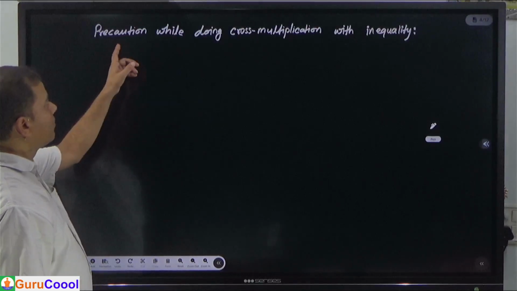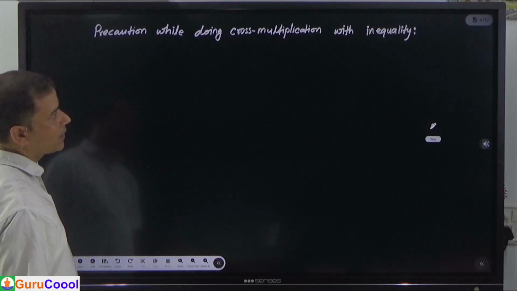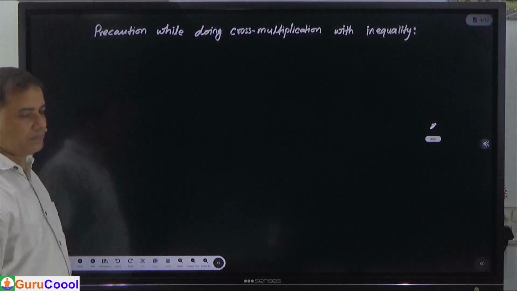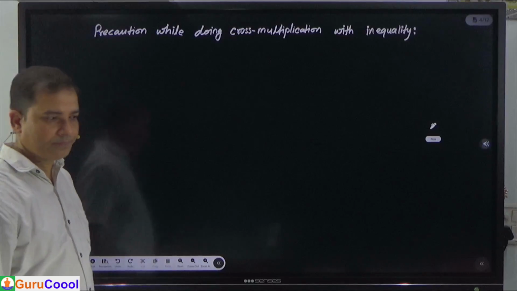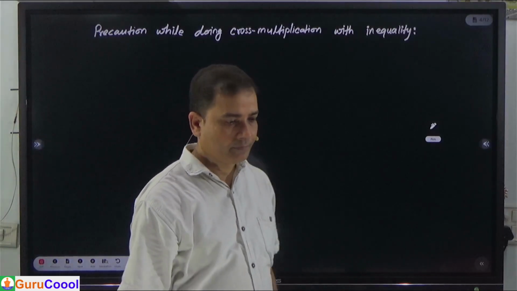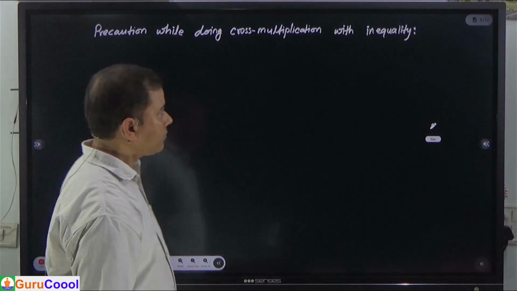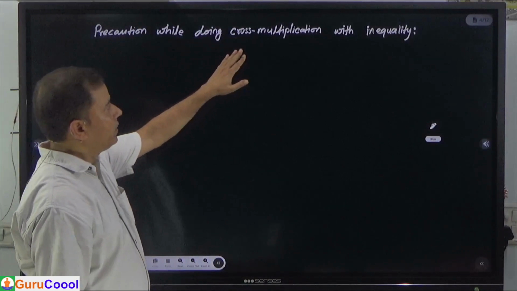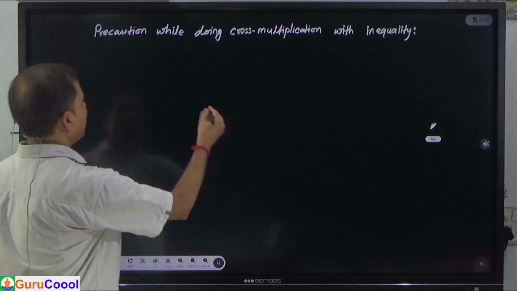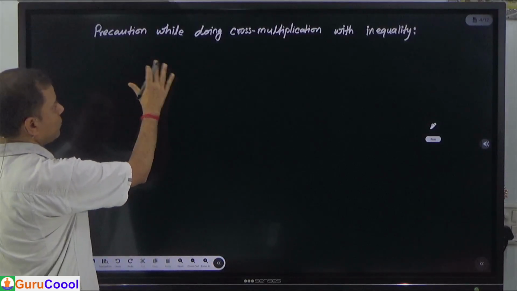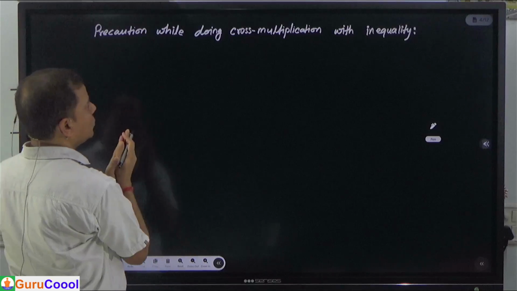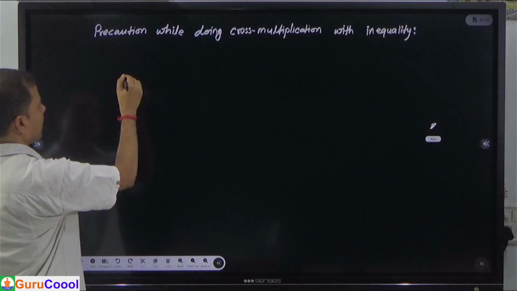Next thing is precaution while doing cross multiplication with inequality. I'll show you first an equation where we do cross multiplication. See what happens.